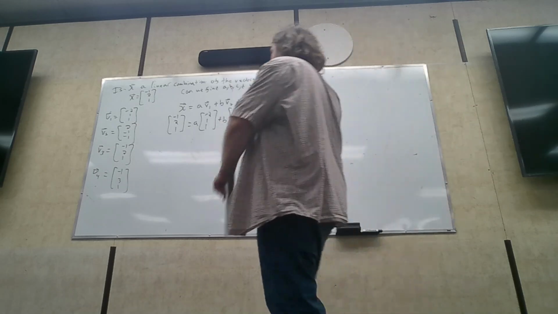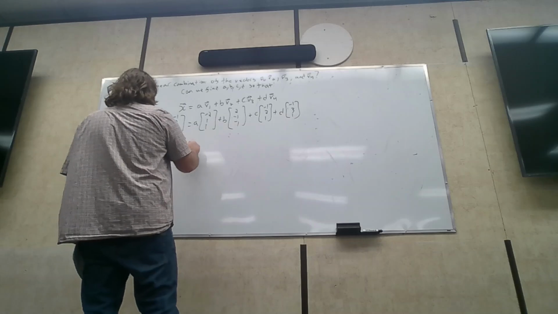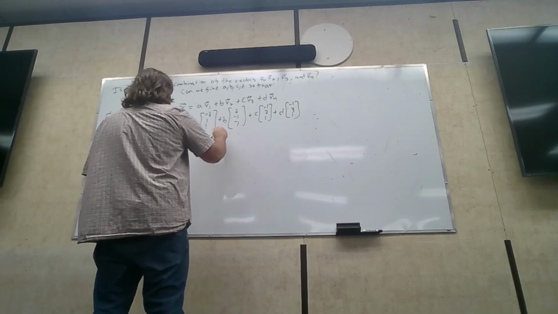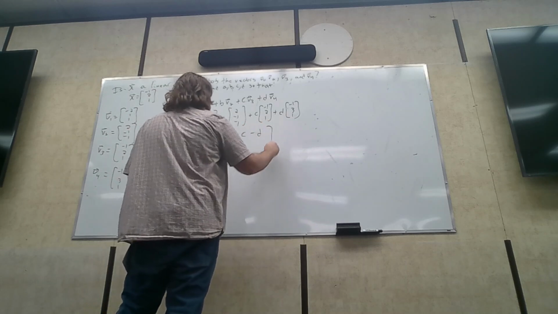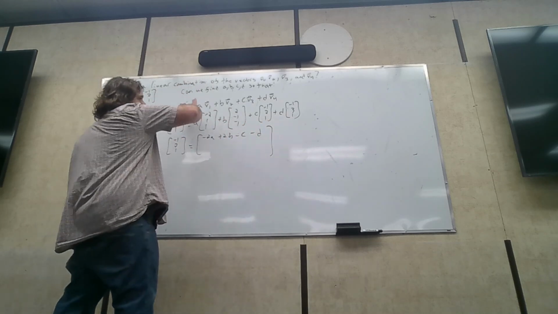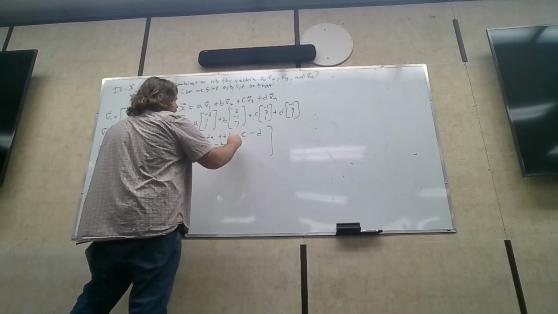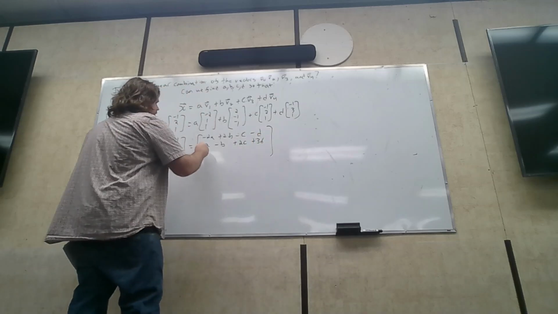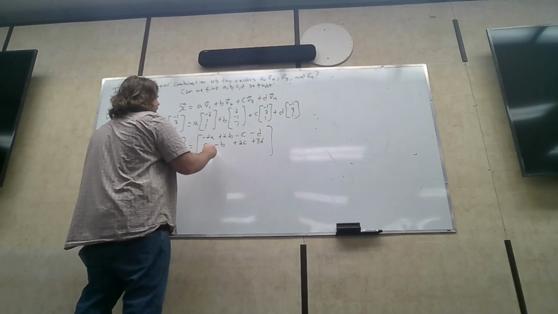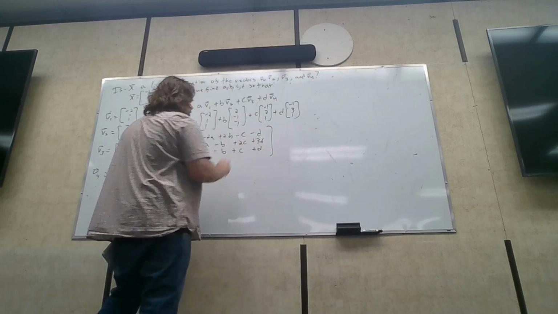We add it all together, and what do we get? -1, 2, 1. -2a plus 2b minus c minus d is that first one. We're just collecting all the terms together. A minus b plus 2c plus 3d. A minus b plus c plus d.